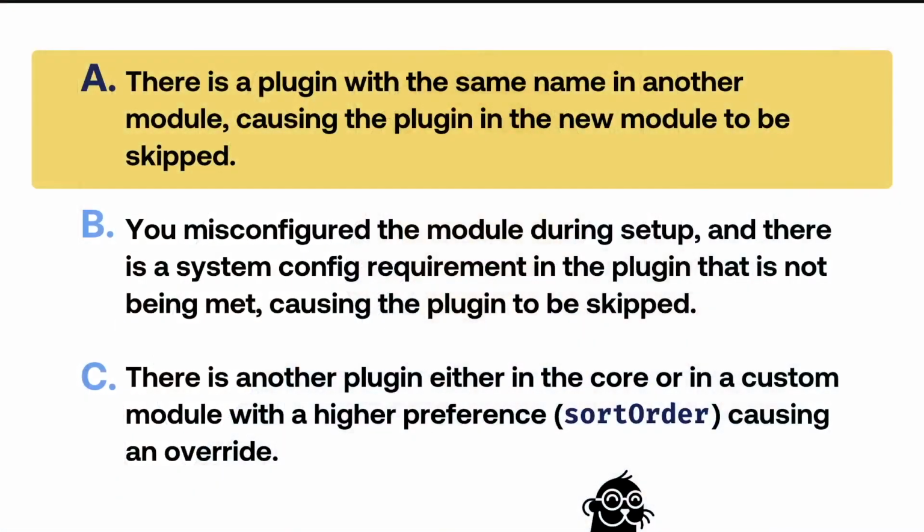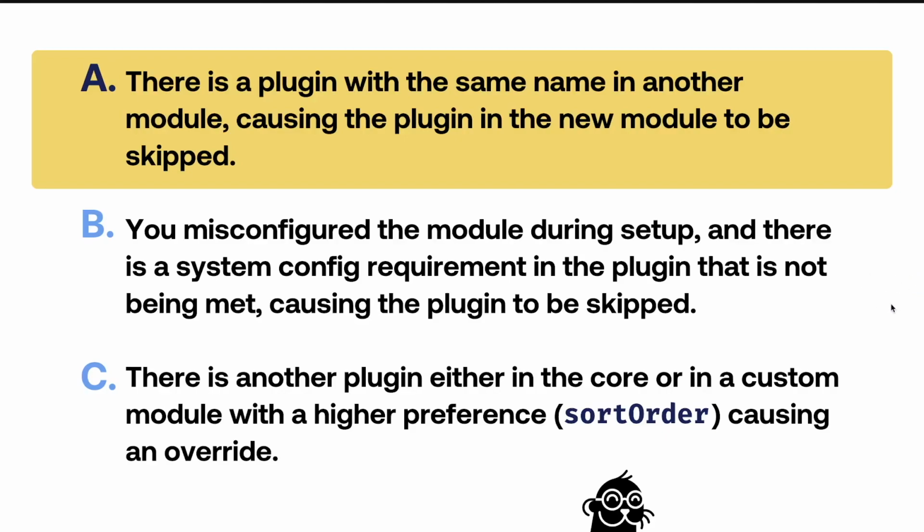So long story short, as you would have guessed from the question and the answer, a plugin in the module that I built and a plugin in the new module that I was installing had the exact same name. So I ended up implementing the code standard and the problem was resolved. Again, leading us to the correct answer being option A.